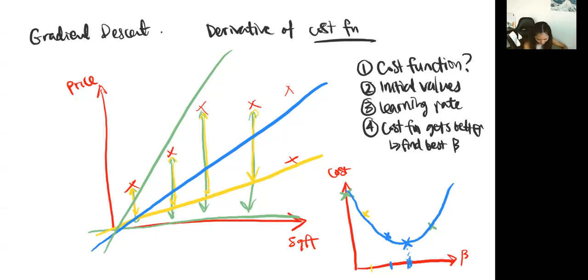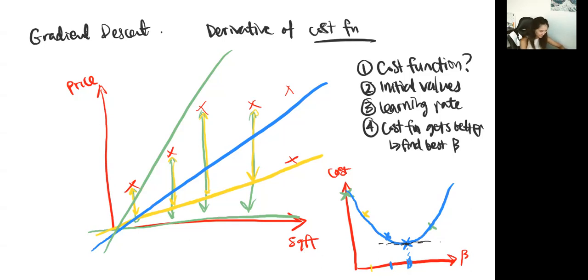If we want to find this part over here, calling back to when we talked about calculus earlier and taking the minimum and maximum, this value corresponds to where the derivative of the cost function is equal to 0, right? Because at this point, the slope of the cost function is 0 and it's a minimum point.